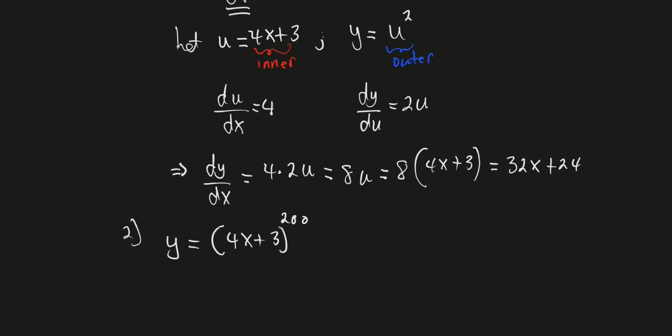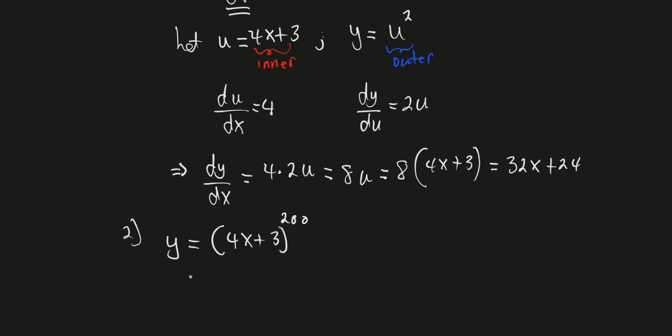So my first step would be almost identical to what I did right here. I would still choose this part as the first part of my chain. These are the first operations that I would have to do: the 4x and then plus 3, and until I figure that out, I can't do the 200.